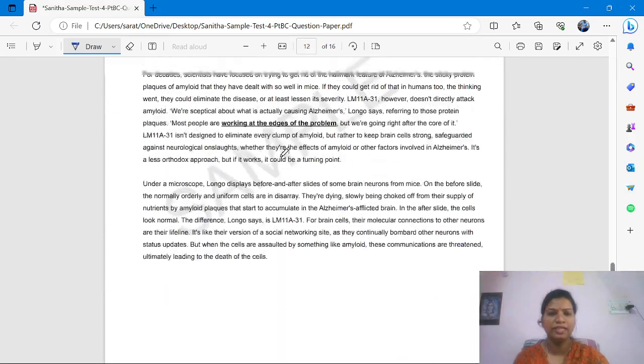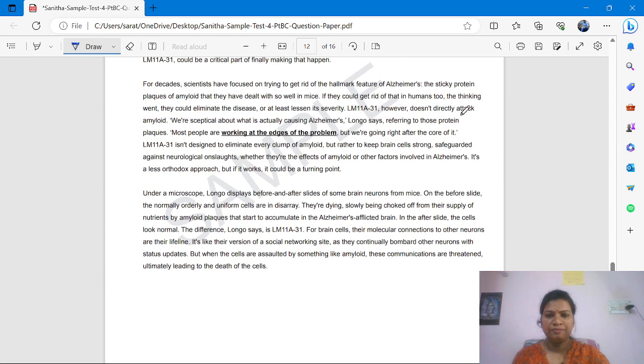So where did we get the answer? LM11A31 is not designed to eliminate every clump of amyloid, but rather to keep the brain cells strong, safeguarded against neurological insults, whether they are the effect of amyloid or other factors involved in Alzheimer's. It is a less orthodox approach, but it could be a turning point.